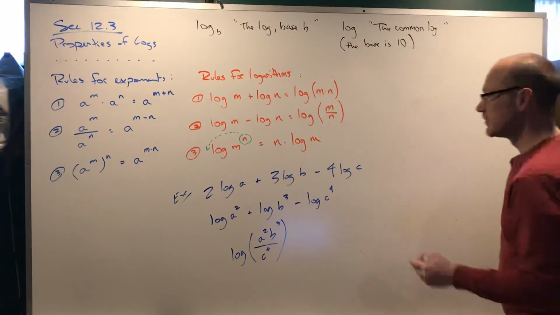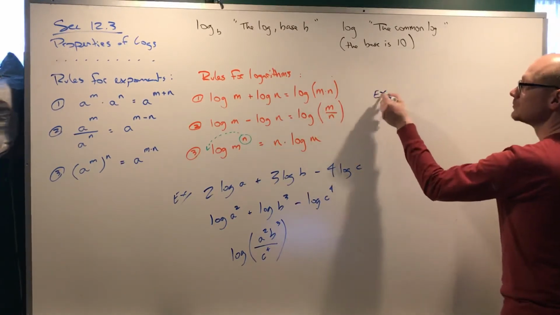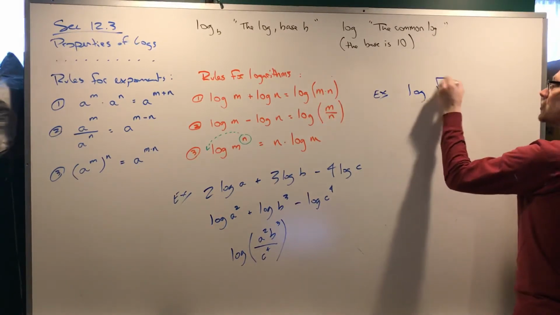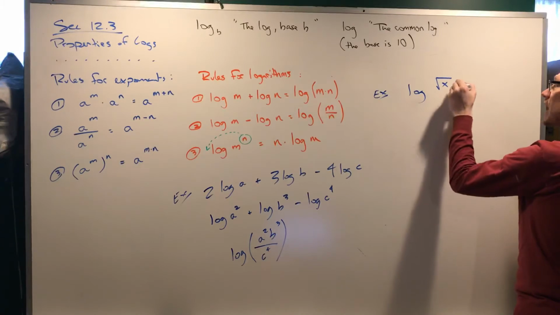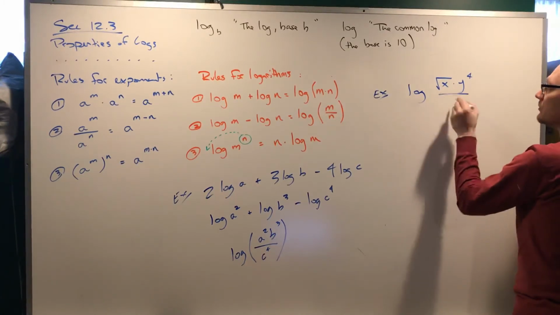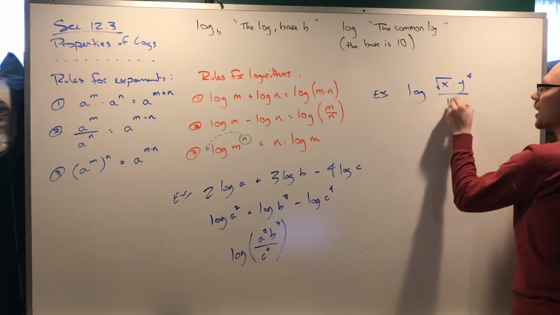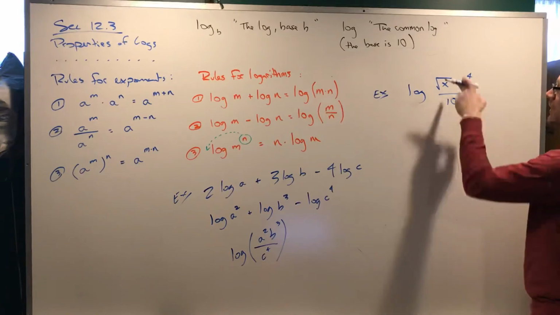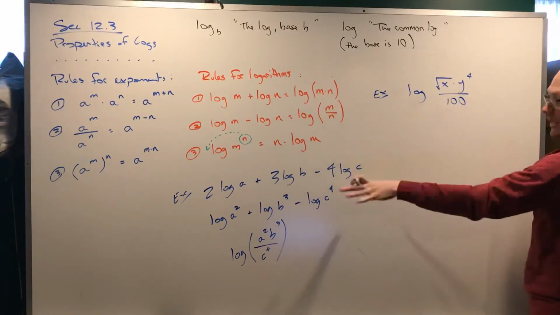Let's do the reverse of that. Let's say that I've got log of the square root of x times y to the 4th, divided by 100. All right, so how does this work? Well, you can see that I've got a fraction, just like I had there.